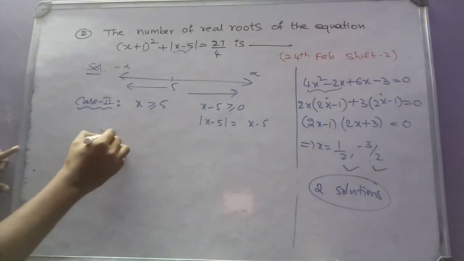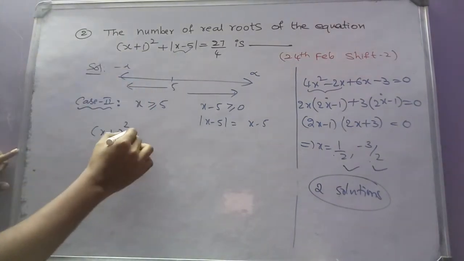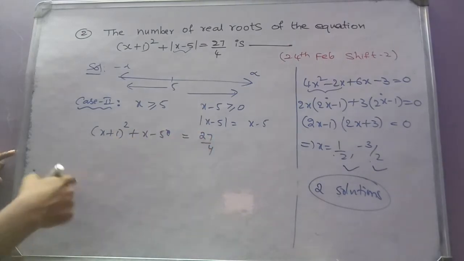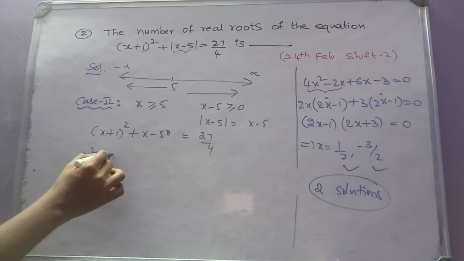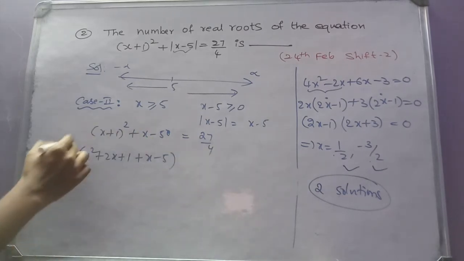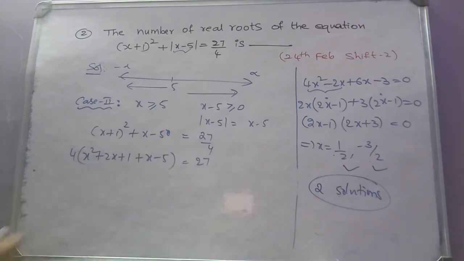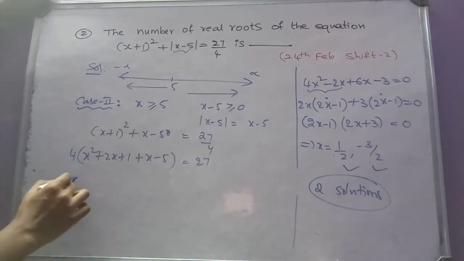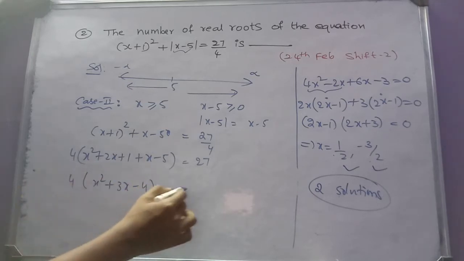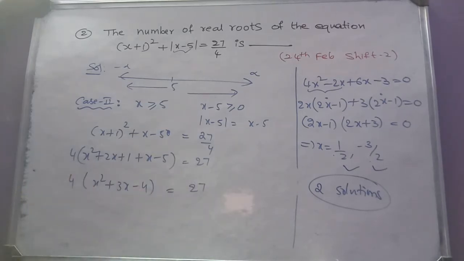So what is it? (x plus 1) whole square and plus x minus 5 is equal to 27 by 4. Let us expand: x square plus 2x plus 1 plus x minus 5, which is cross multiplied with 4, equal to 27. So x square plus 3x minus 4, into 4, equal to 27.